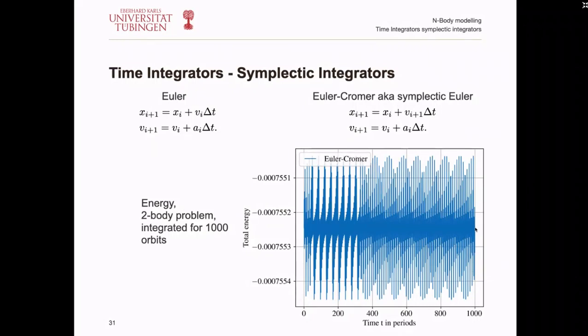And with a fixed time step, it may be that you just lose collisions because you don't resolve them. So modern codes like Mercury or also Rebound use mixed integrators for collision systems, where you have an integrator for long time evolution, which switches automatically to an adaptive time step integrator, like a Runge-Kutta integrator, or in the case of Rebound, to an IAS15 integrator to model the collisions. But more of this later.